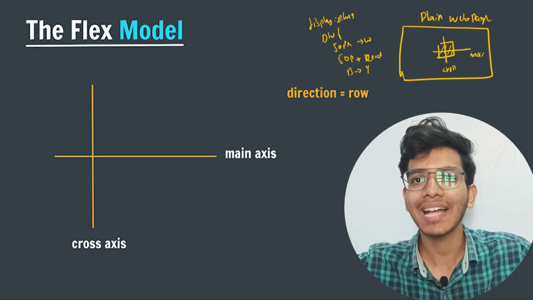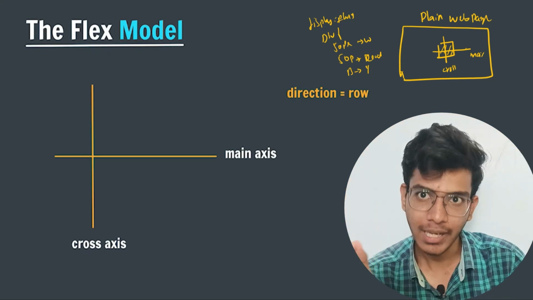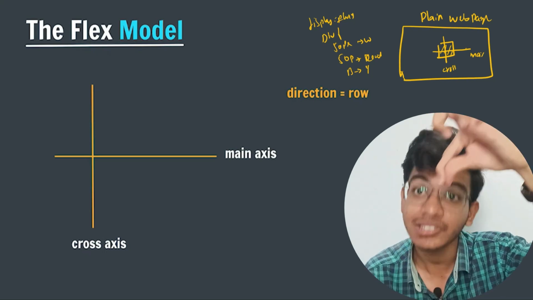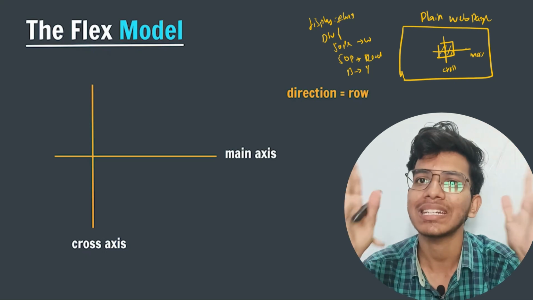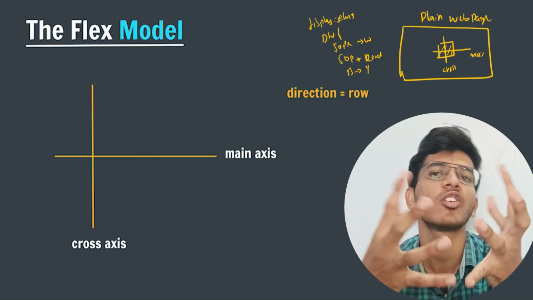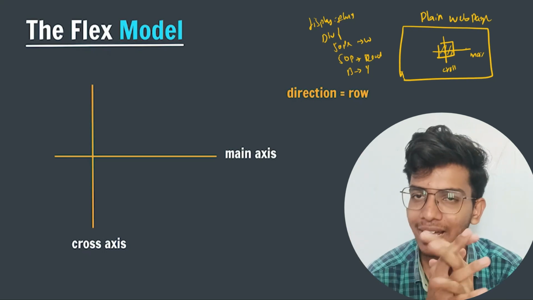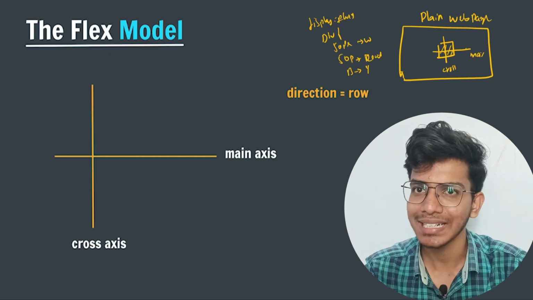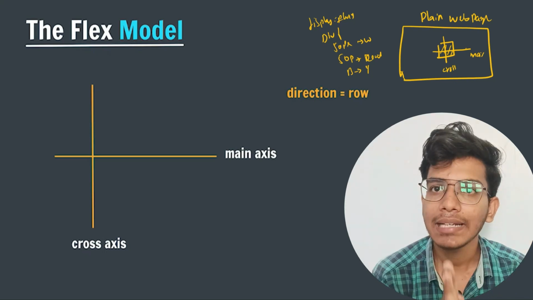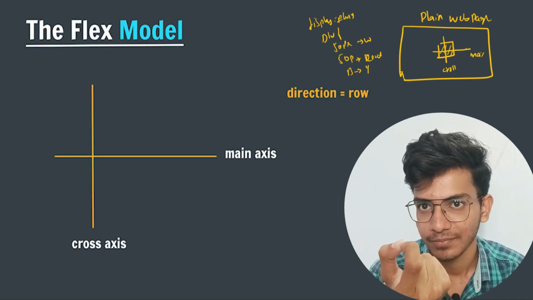This is by default, right? If you want to make the vertical axis the main axis, you can do that, but by default in CSS, when you give display flex to a particular container, the horizontal axis becomes the main axis and the vertical line becomes the cross axis.